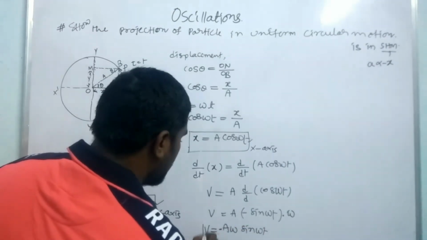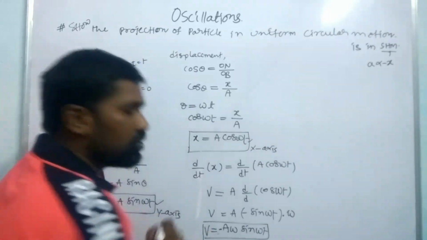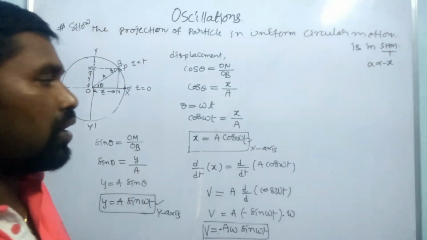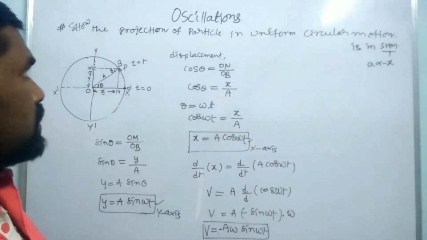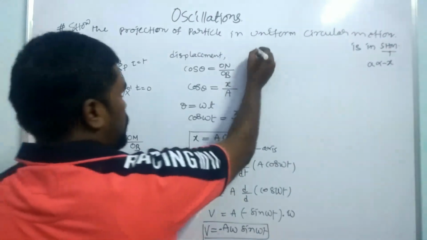This is equation 2, the velocity of the particle in simple harmonic motion projected by the uniform circular motion.